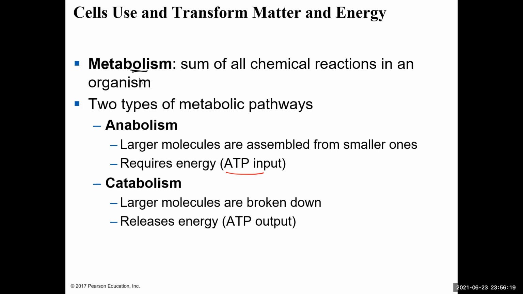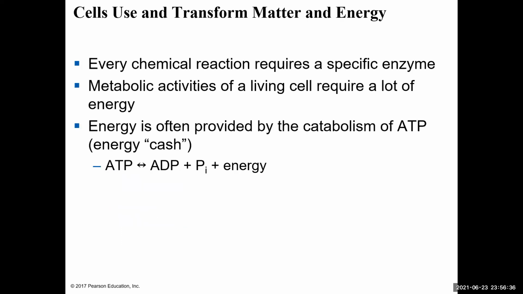You can think of hydrolysis, where you're taking those larger molecules and breaking them down, so breaking down polymers into monomers, and then we're releasing energy from that process. So we're making ATP in that process. So we have that ATP, or that energy output. And so the cells use that energy as it's transformed, and they use it and store it, basically, is what I should say.